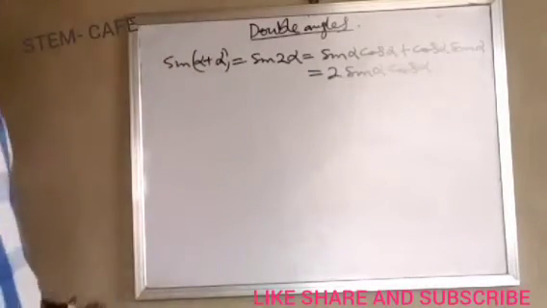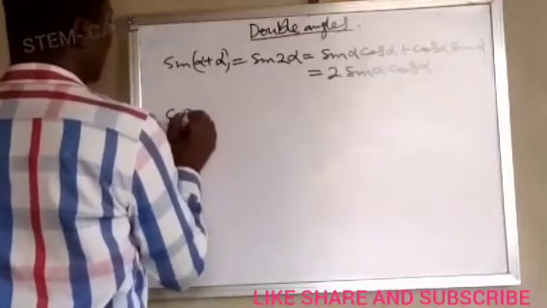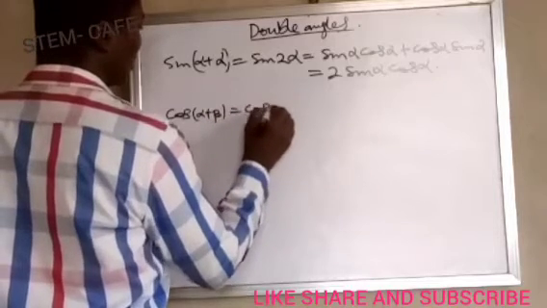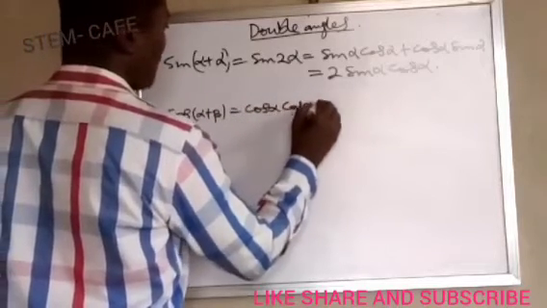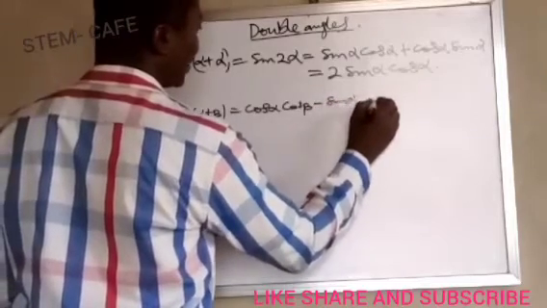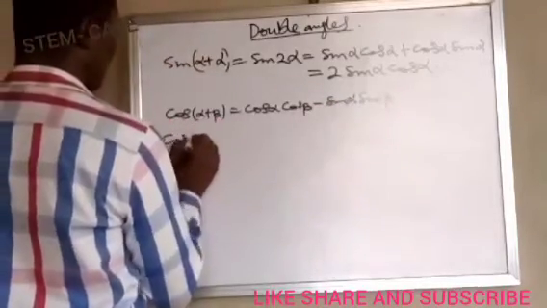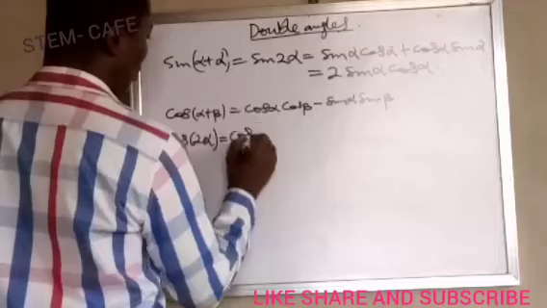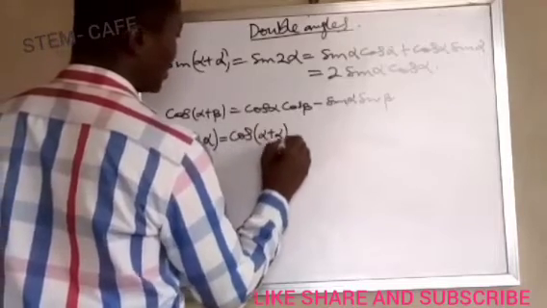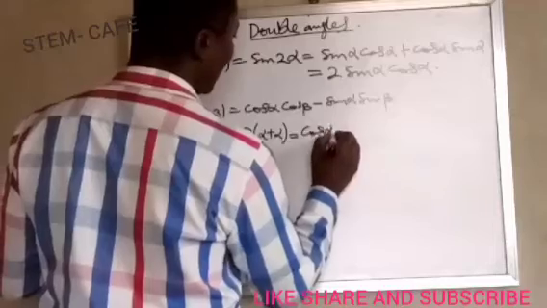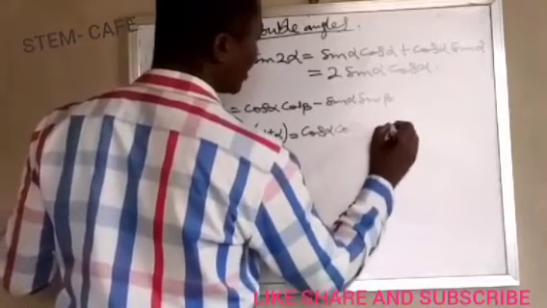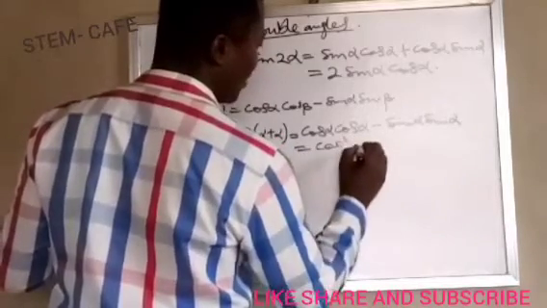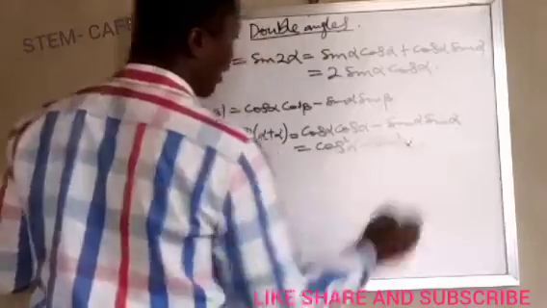If it is cosine, we know the relationship for cos alpha plus beta is equal to cos alpha cos beta minus sin alpha sin beta. So for cos 2 alpha, it will be cos alpha plus alpha, which will give me cos alpha cos alpha minus sin alpha sin alpha, which is cos square alpha minus sin square alpha.